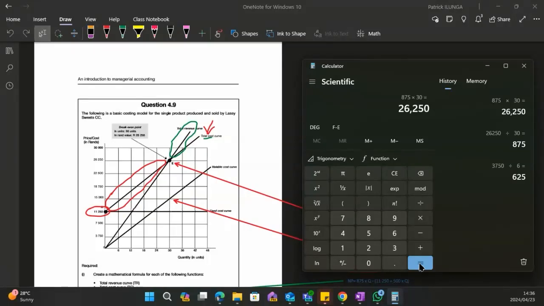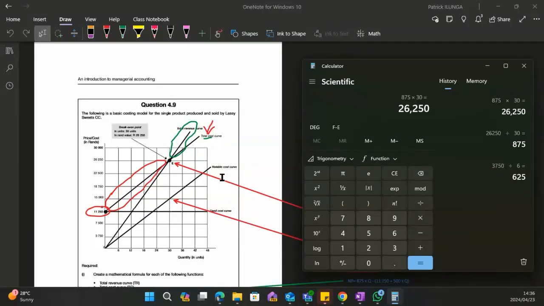Because for 30 units, look at 30 units. If we have to consider the variable cost, where are we going to go? Not on the total curve. Why? Because the total curve consists of the fixed cost curve and the variable cost curve.